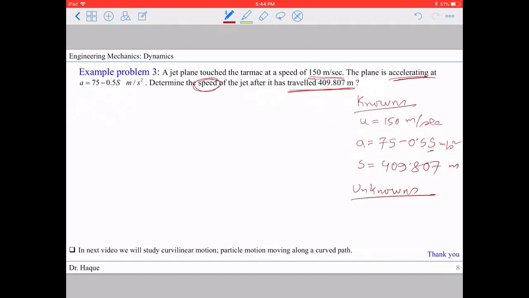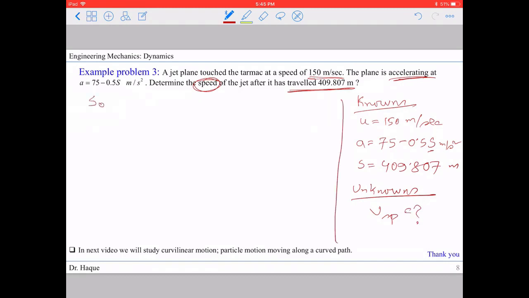So the speed v is what? We need to find the speed.